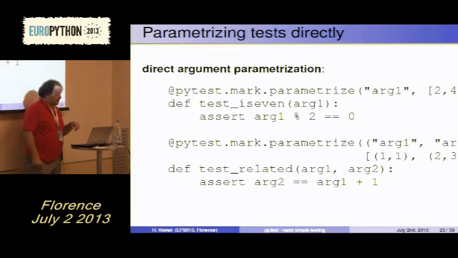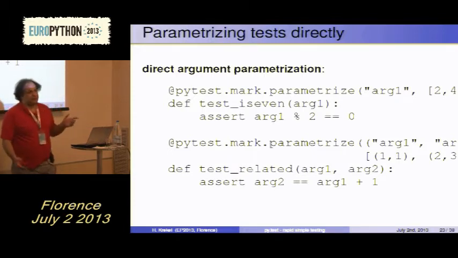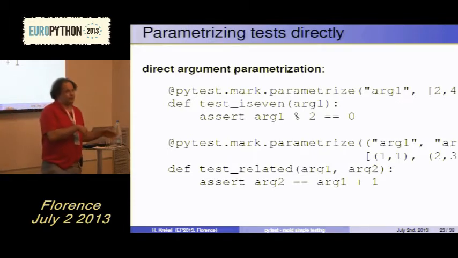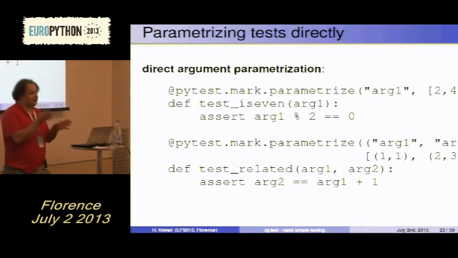And you can of course combine this with other fixtures. So if you have your parameterized DB fixture, for example, then you can also list this like DB, arg1, and your tests will run the whole combinations of these possibilities.